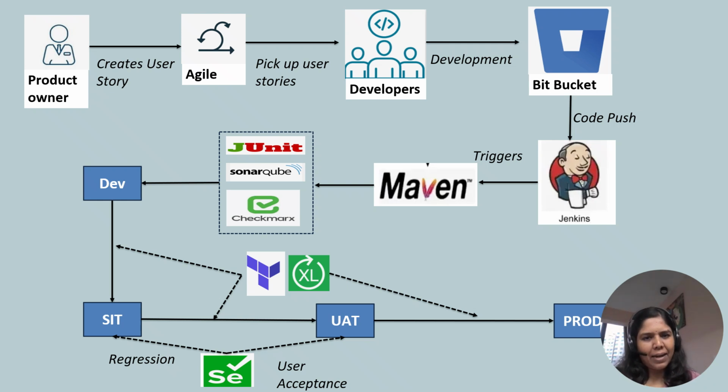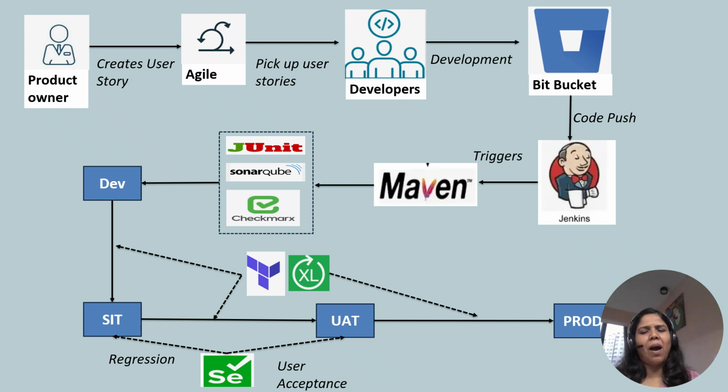It starts from planning, development, continuous integration, quality check, continuous deployment in various environments like development, SIT, UAT, and finally moves to production. They have automated the entire process.